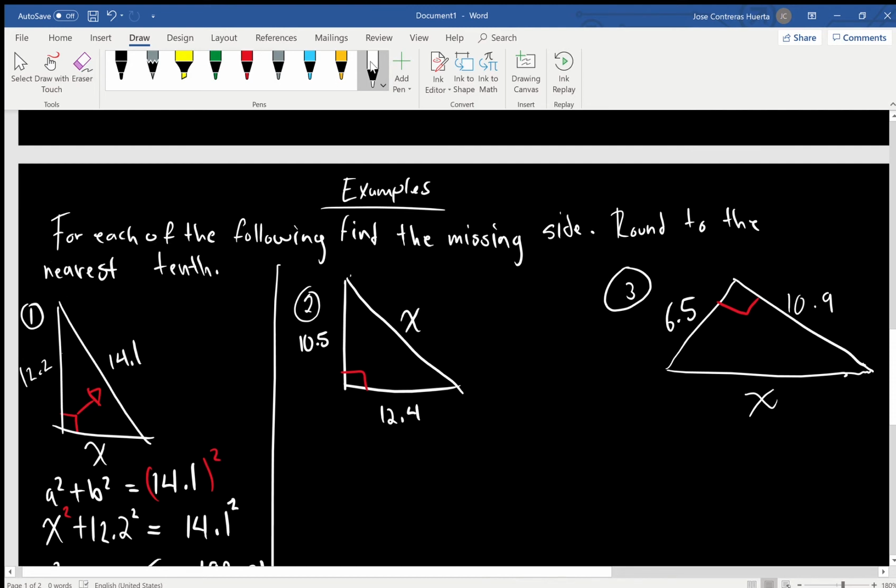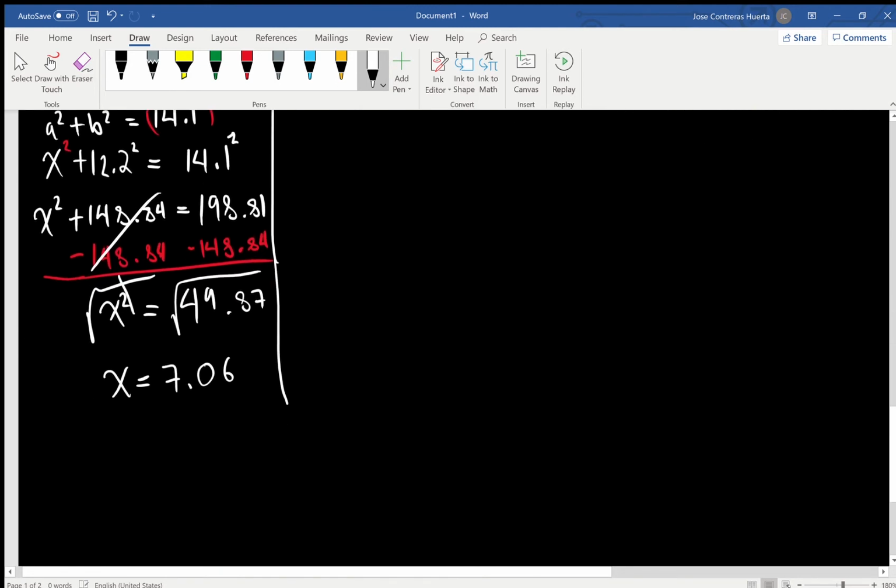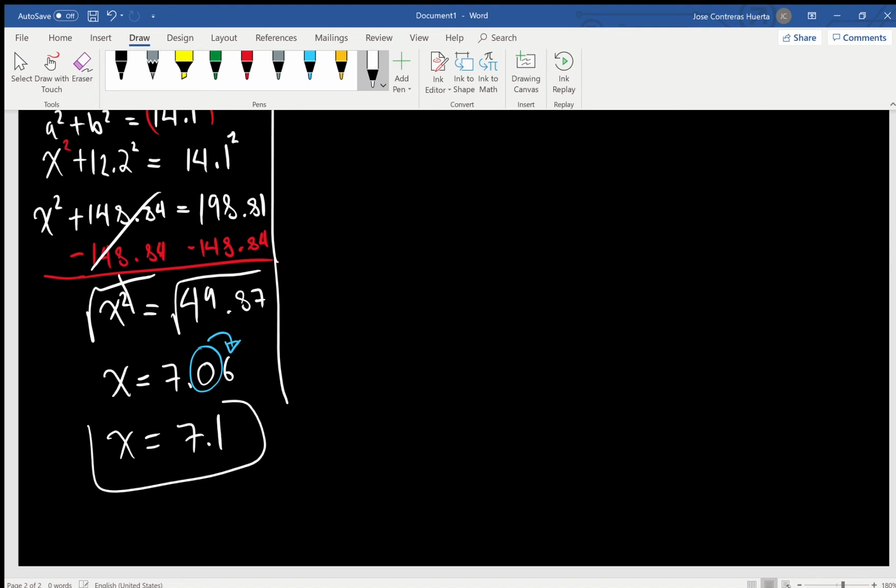So because I'm rounding to the nearest tenth, I look at my 0, circle that one, and then look at the number afterwards. The number afterwards is 6. Because it's 5 or greater, I have to move the 0 up. So I have to change it to 1. So my answer is 7.1. So hopefully this is making sense.